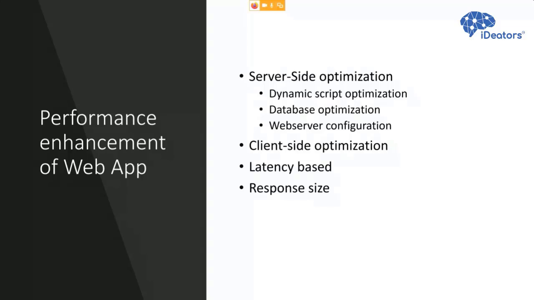We have to understand where the optimization can be done, on the server side or the client side, and where the time is being taken when data is exchanged. Is the server taking time to generate the script and get the data from the database, or is the issue on the client side, where the scripts are taking too much time to process the data and render it on the front end?